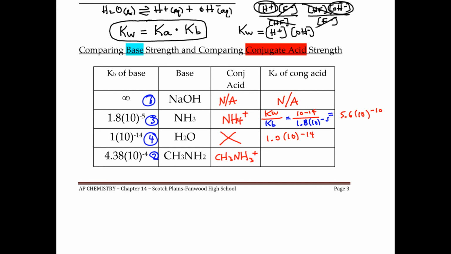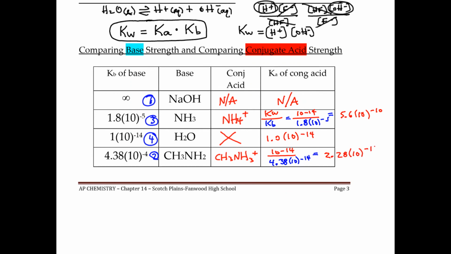And lastly, this is going to be 10 to the minus 14th divided by the Kb, and the Kb was 4.38 times 10 to the minus 4th. So that's going to give you a final answer of a Ka of 2.28 times 10 to the minus 11th.